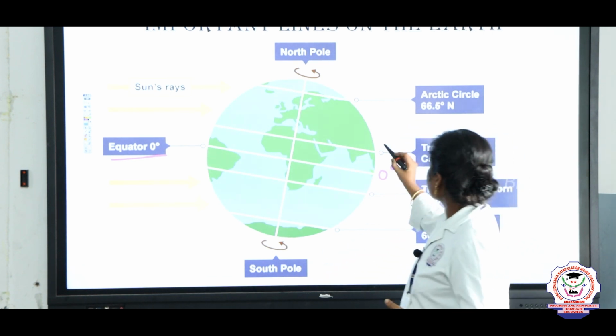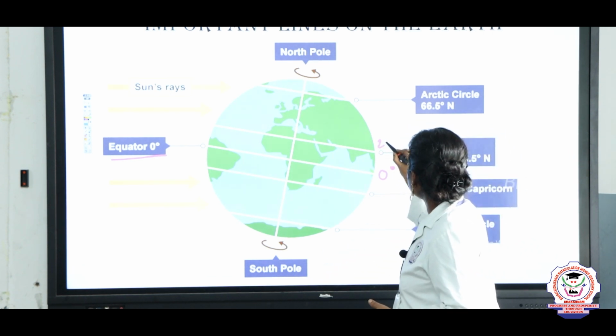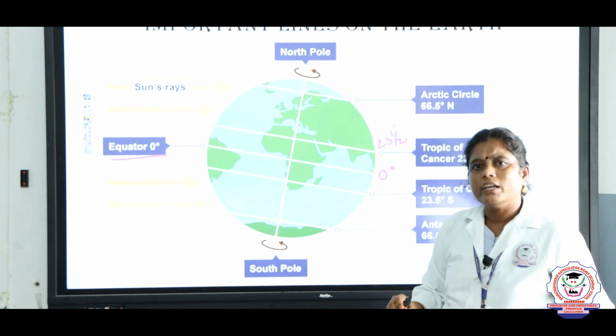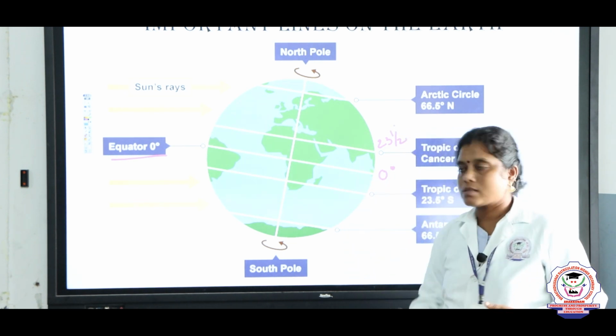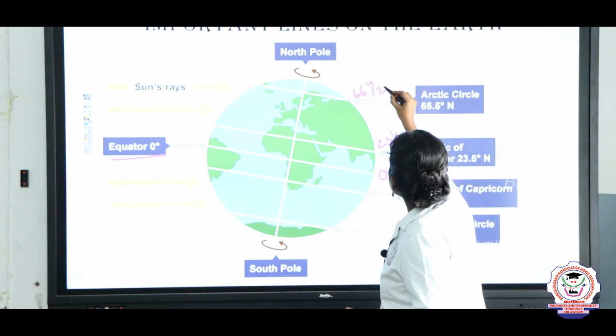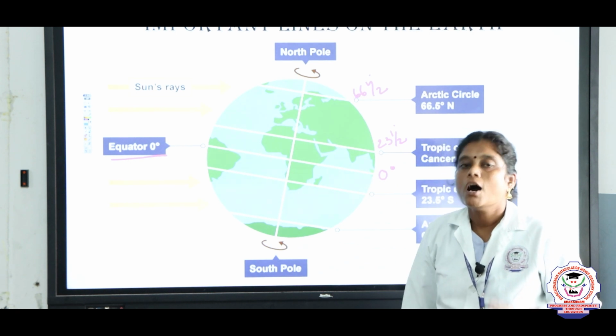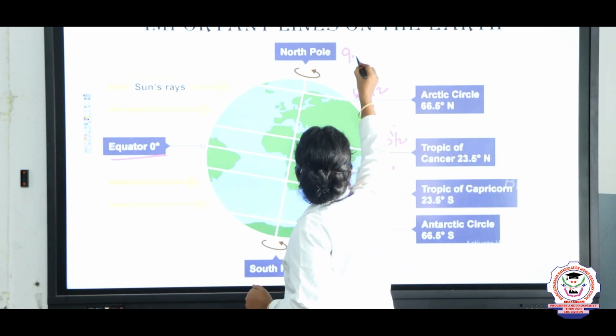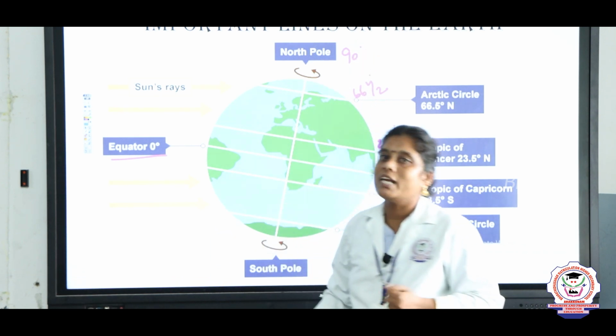And next, this is known as 23.5 degree north, Tropic of Cancer, and 66.5 degree north is known as the Arctic Circle, and 90 degree north is known as the North Pole.